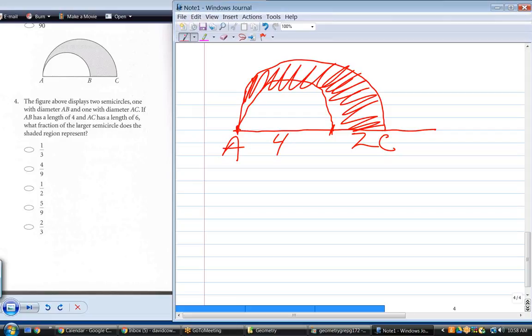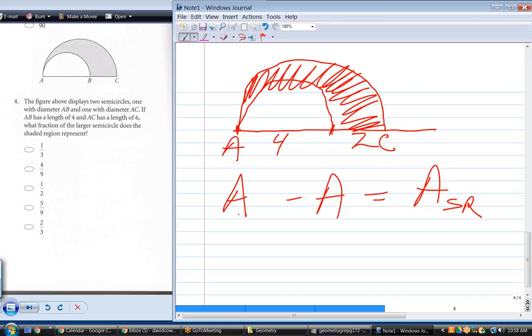What kind of problem is this? Subtraction. And conceptually, what's it going to be? The area of what minus the area of what equals the area of the shaded region? The area of the, I guess, non-shaded region.